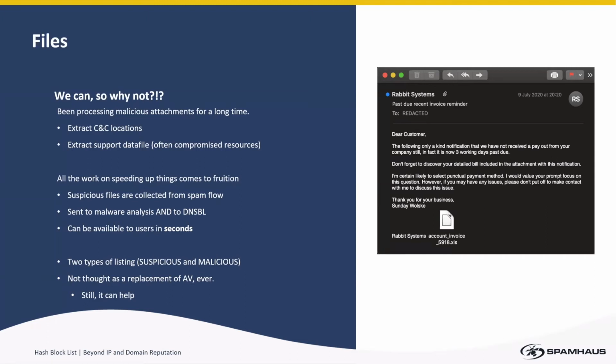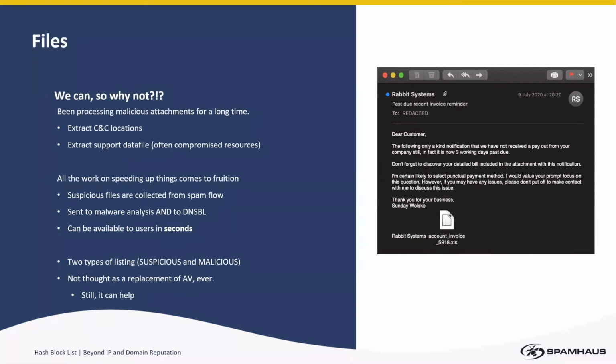So it's something we do to extract information we're going to use otherwise. The main point is, at that point, we do have a list of attachments that are actively being spread into email. And we also have, in many cases, knowledge about what type of malware campaign they are part of.